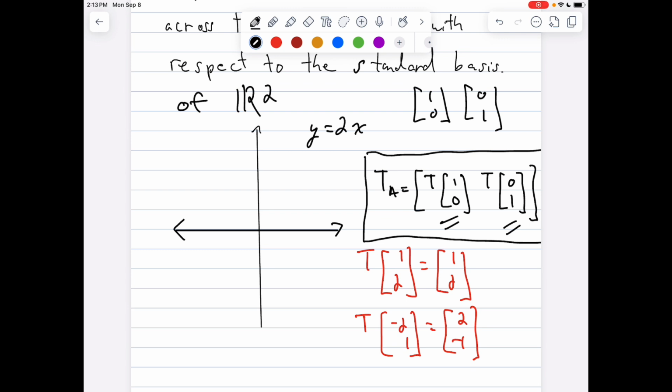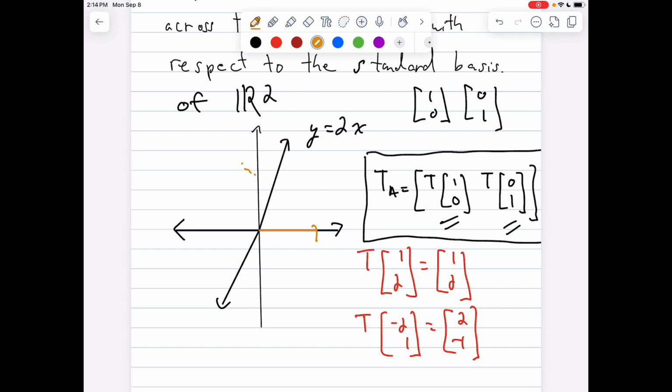Now let me draw some geometry here. We've got the line y equals 2x, which looks like that. If I take the vector (1, 0) and reflect it across this line, what's my image going to look like?